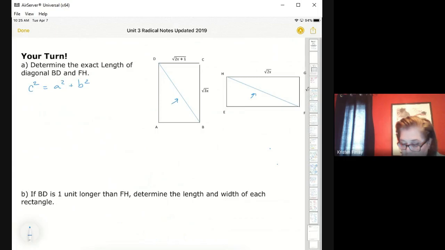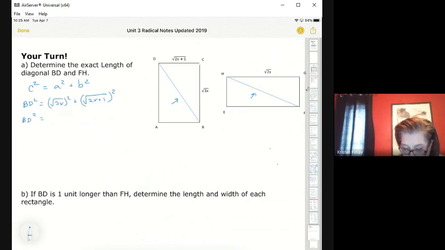These are rectangles, so BD squared is going to equal the sum of the squares of the lengths of the sides, which is (√3x) squared plus (√(2x+1)) squared. Basically, I'm just substituting those in for the values of the sides.